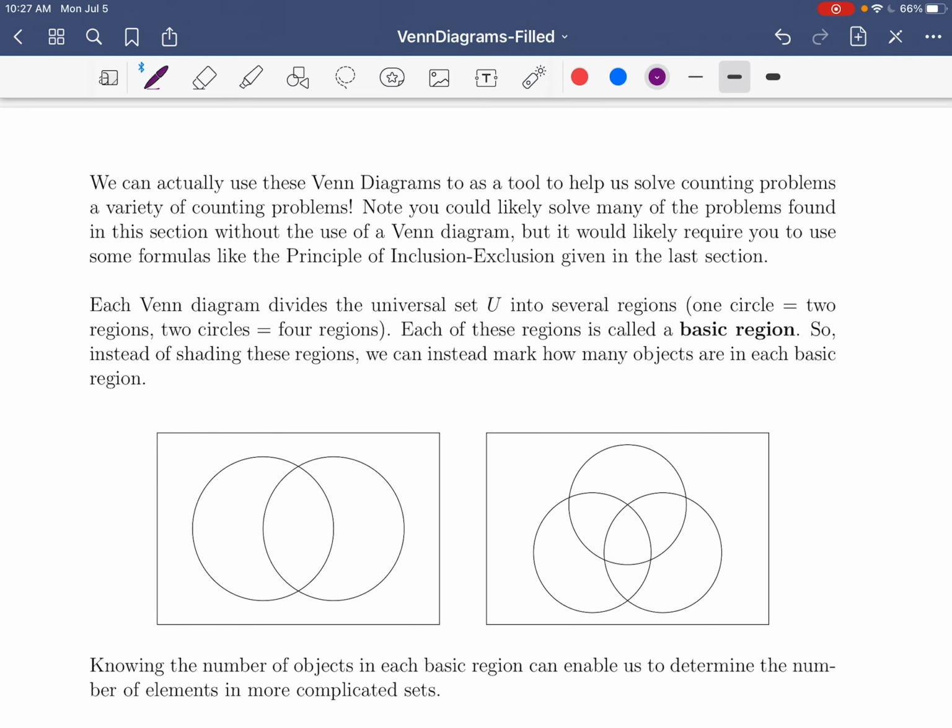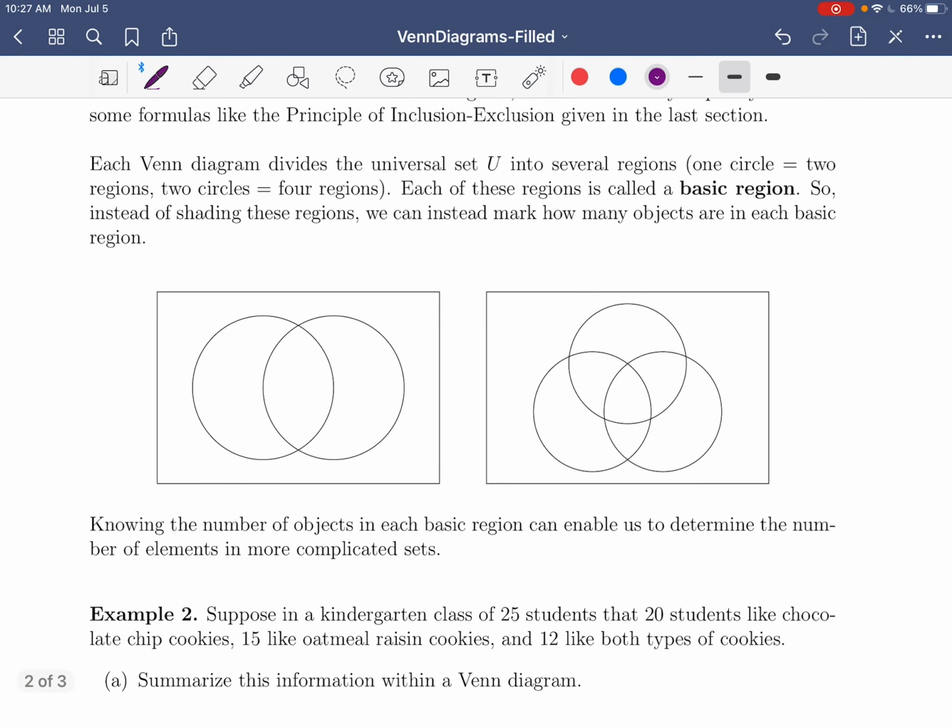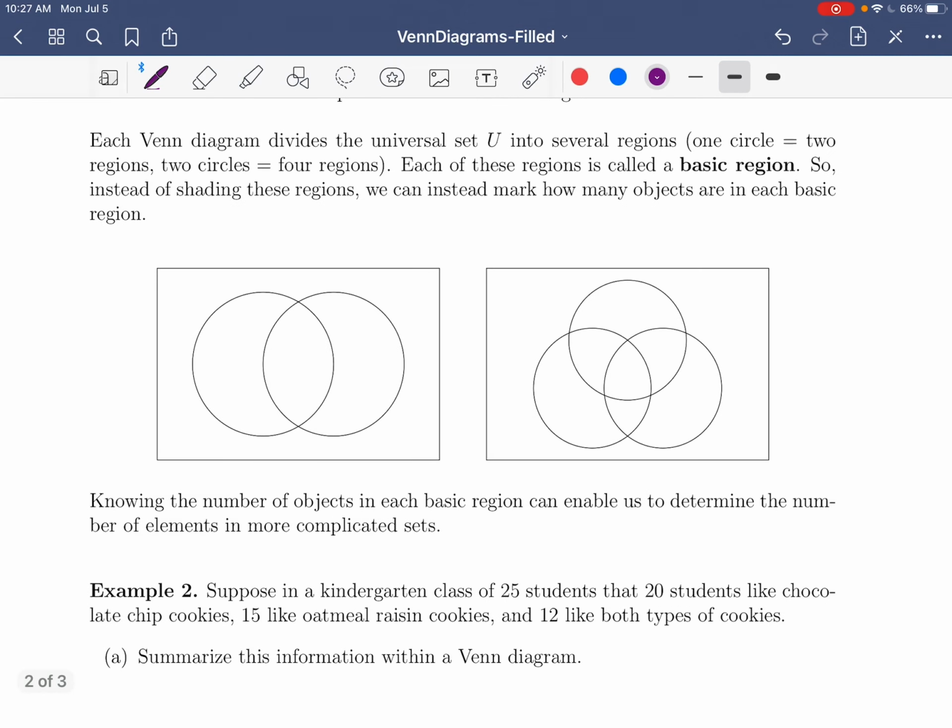So the Venn diagram is a useful way to display the information. Once we get into some examples, you'll see. You don't need to use them, but I think it's very helpful, and most people I find tend to like them.